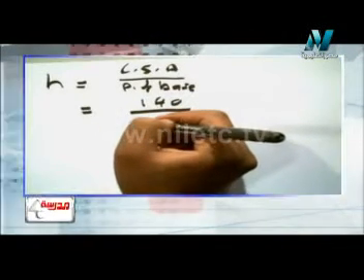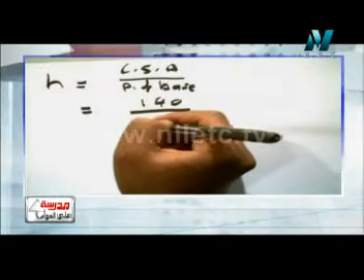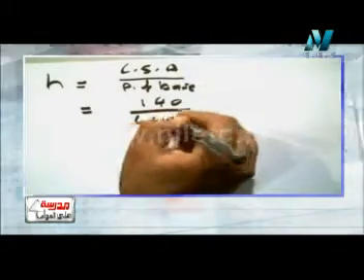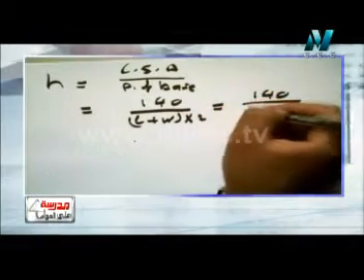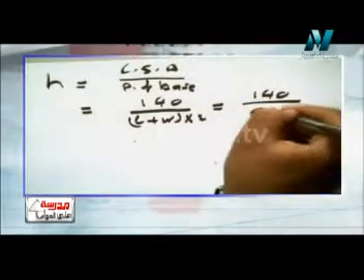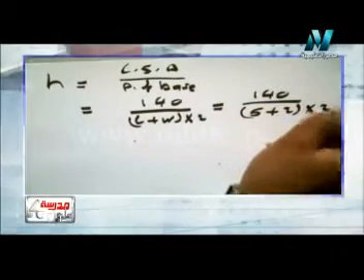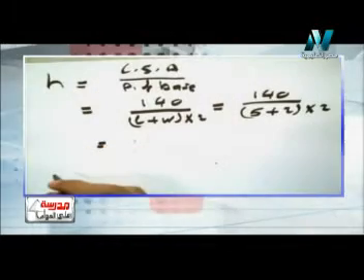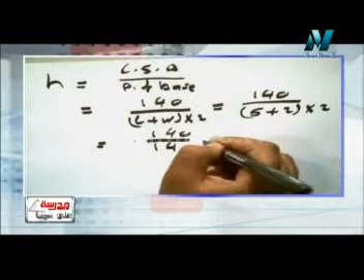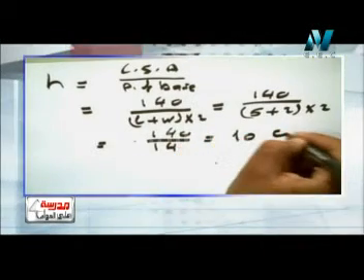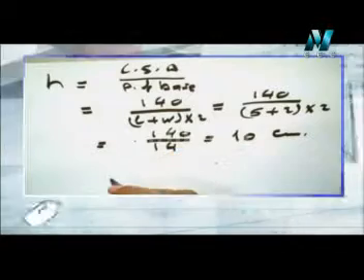The base is a rectangle, and the perimeter of rectangle length plus width times 2 equal 140 over 5 plus 2 times 2. We can use a calculator to find the result. 140 over 14 equal 10 centimeters. The height of a cuboid is the lateral surface area divided by the perimeter of base.